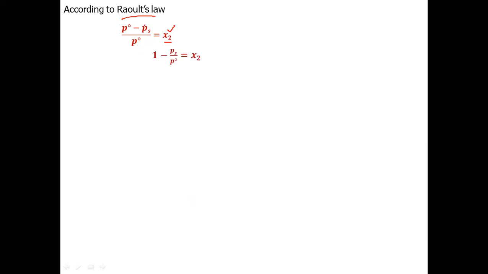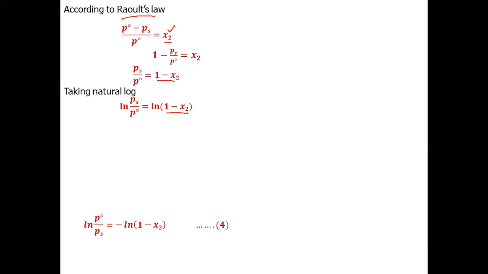It is equal to the mole fraction of solute. So we can rearrange this equation to P naught by P naught, which is 1, minus Ps by P naught is equal to X2. Or we can write Ps by P naught, taking Ps by P naught to the right hand side and X2 to the left hand side: Ps by P naught is equal to 1 minus X2. Now taking natural log on both sides, we get natural log of Ps by P naught is equal to natural log of 1 minus X2.